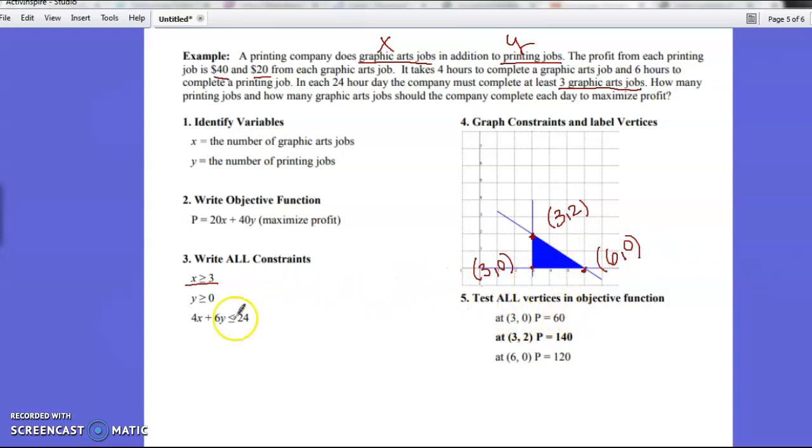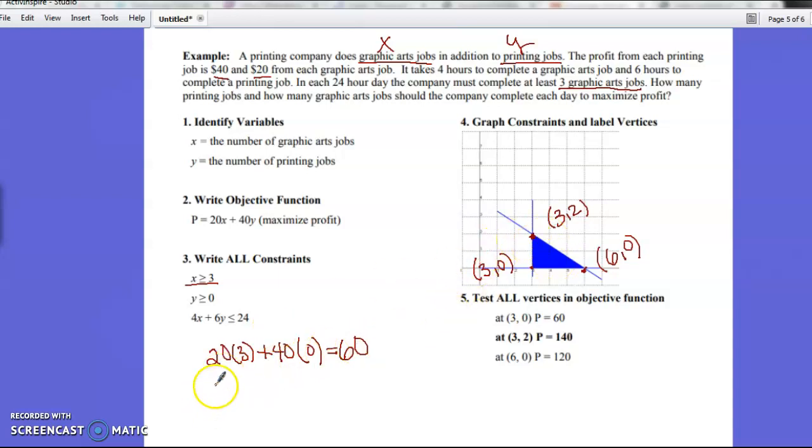All right, so now we're going to put each of those X and Y coordinates into our objective function. We're going to have 20 times 3 plus 40 times 0. When we do that, we get 60 for our profit, $60.